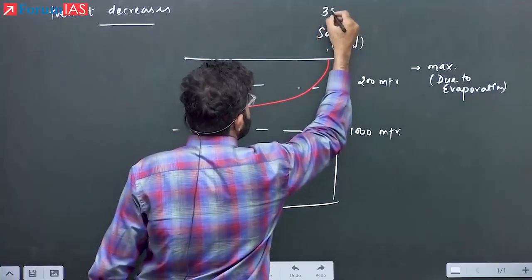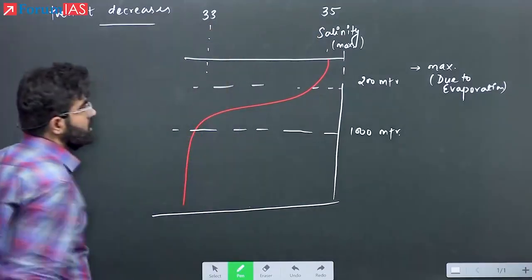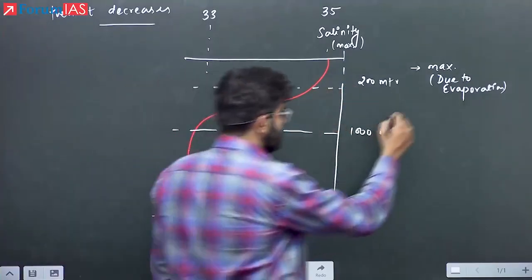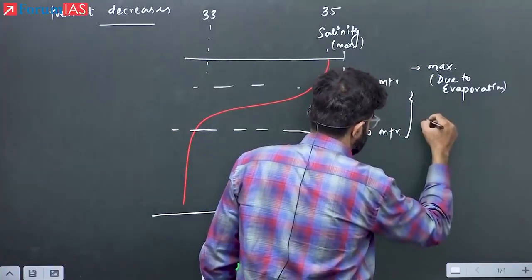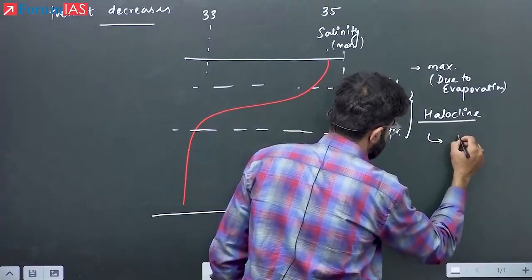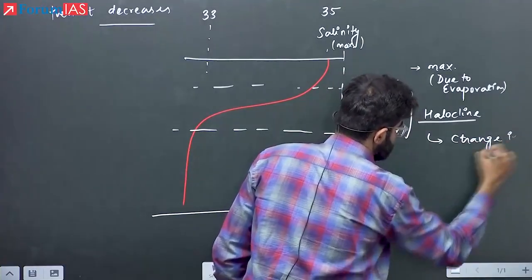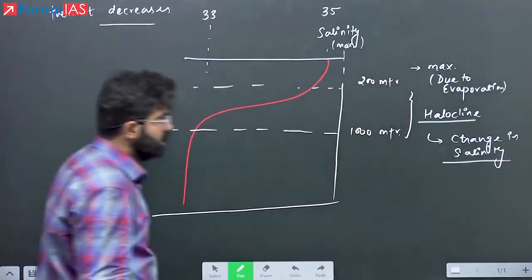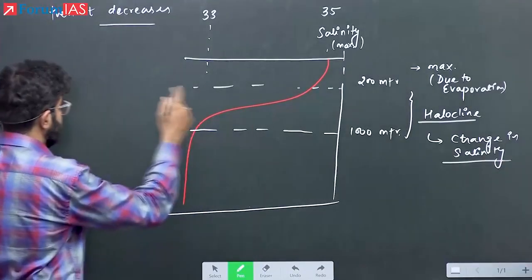So in general, I'm taking 35 here and here you will come to 33 only. So this is not a major change. However, this change we will write here as halocline. What is halocline? The change in salinity. Okay? The rapid change in salinity. However, this is not as rapid, but in terms of salinity, this can be considered a rapid change, right? So this is the general diagram.